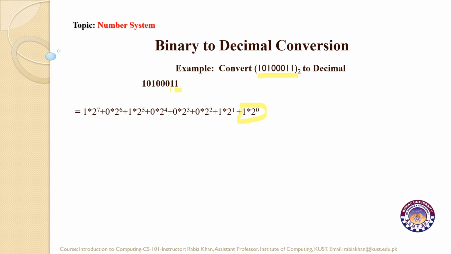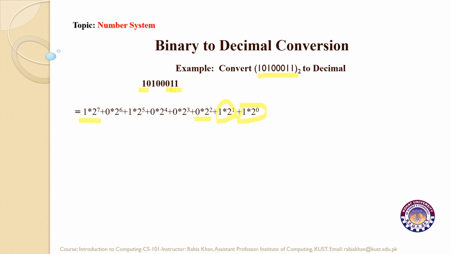Next number is again 1, which is then multiplied with 2 having power 1. Another number is 0. It is multiplied with 2 with power 2, and so on until we reach the last one, which is multiplied by 2 having power 7. So the power goes from 0 till maximum.